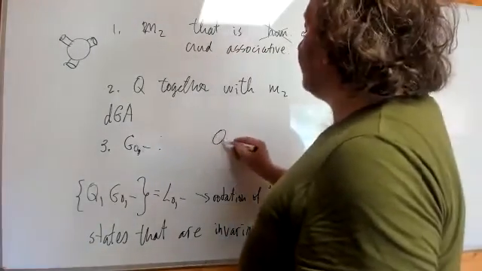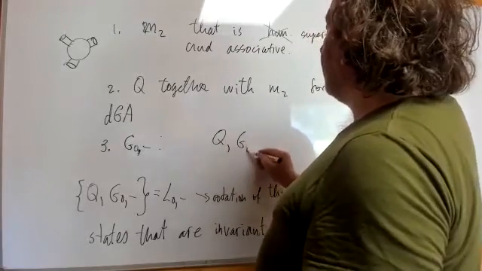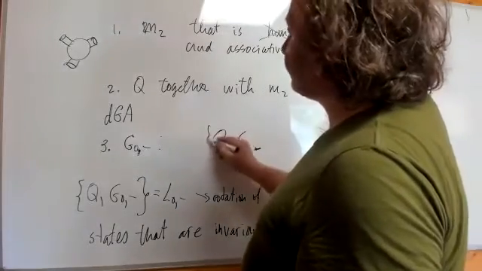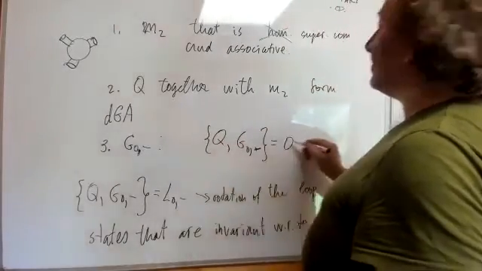So it means that the anticommutator of Q and G naught minus would be considered as 0.